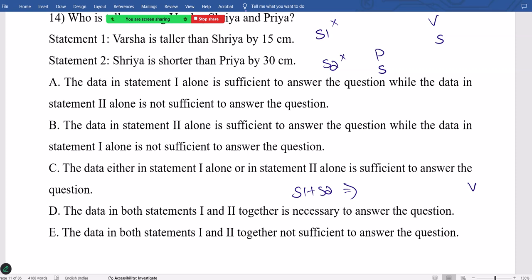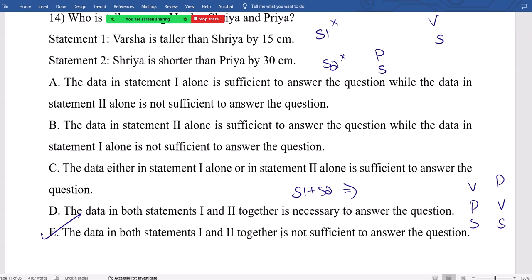It can be multiple choices. See, this can be like this or it can be like this. There are two possibilities. So put together is not sufficient. Put together also not sufficient, guys. Varsha may be tallest or Priya may be.